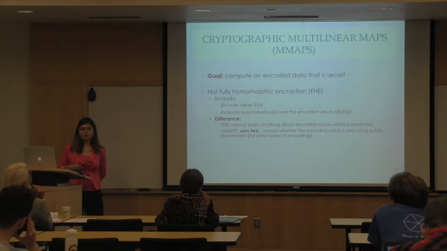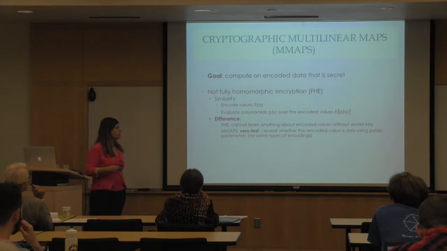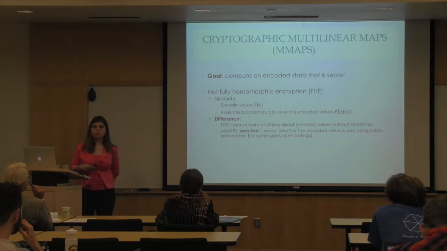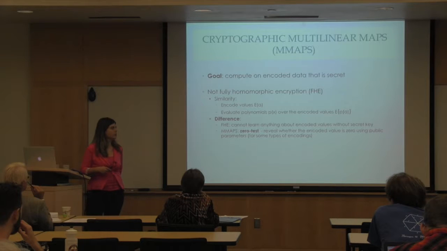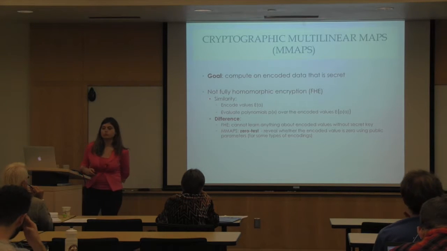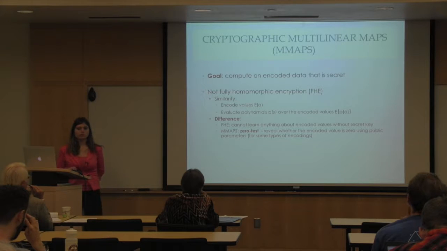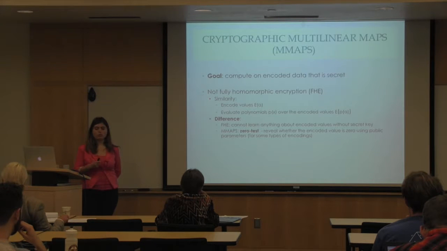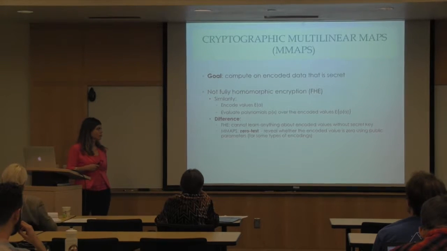And now what is the difference? Well, in the case of an encryption scheme, we want to have the property that without the secret parameter or the secret key for the scheme, we are not going to learn anything about this information. And once we have the secret key, we can decrypt and we can learn all of the information.